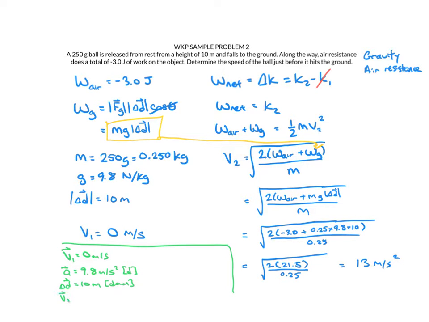What's V2? So the kinematics formula would be V2 squared equals V1 squared plus 2AD, with V1 being 0. So then I would square root both sides. And let's see what that comes out to in the calculator.